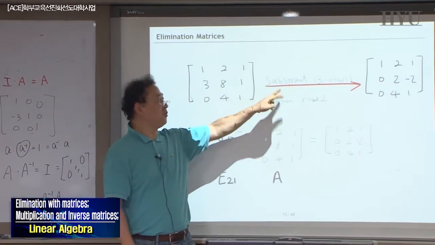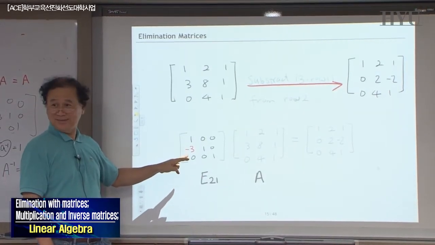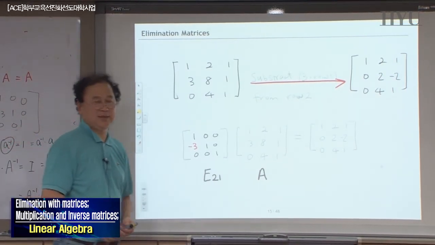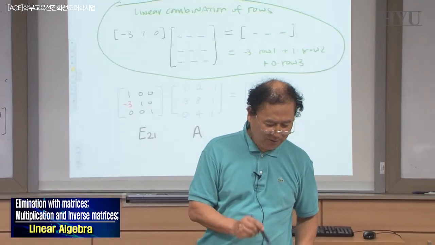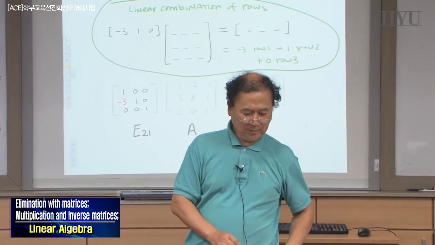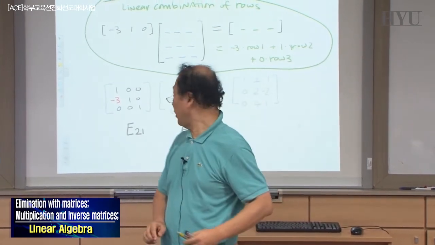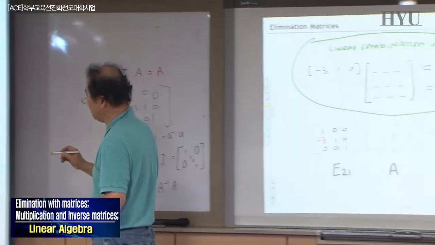When you say subtract 5 times row 1, then it should be -5, right? Yes, you can multiply that. Then you can also represent it a little bit differently. This is more or less another way to view that. This is the row vector.